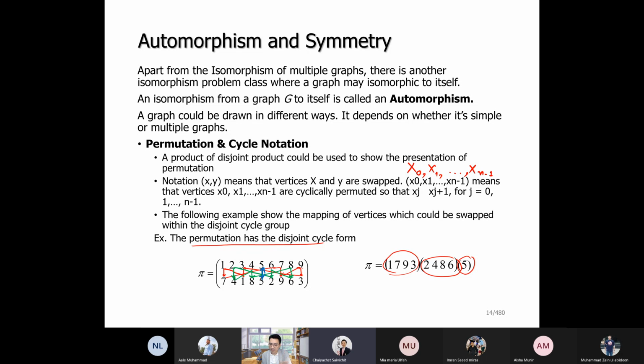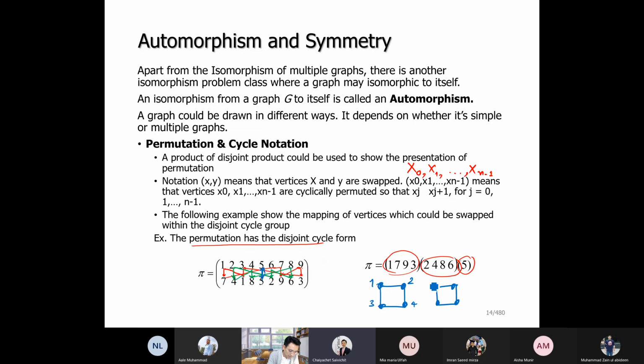And another cycle within the graph is like label 2 being replaced with 4 in the new graph. For example, you're going to have something like this one. I can give you 1, 2, 3, 4.